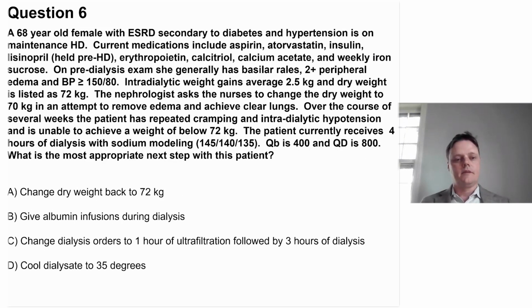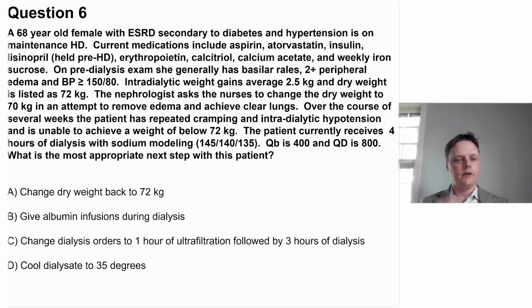Question 6. A 68-year-old woman with end-stage kidney disease secondary to diabetes and hypertension is on maintenance hemodialysis. Her current medications include aspirin, atorvastatin, insulin, lisinopril, which is held on hemodialysis, erythropoietin, sevelamer, calcium acetate, and weekly iron sucrose.